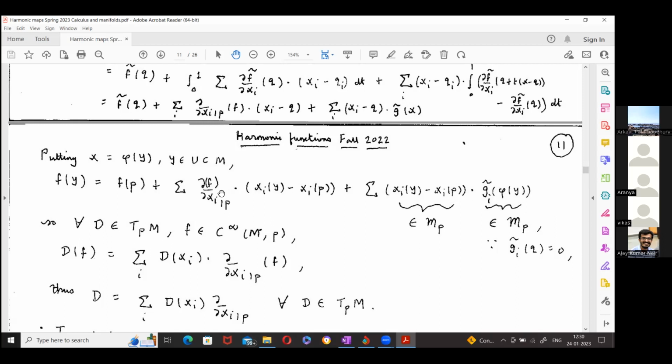So this becomes d acting on these functions, and xi of p is a constant, so it'll just be d acting on xi. What you'll get finally is that d acting on f is the sum over i of d acting on xi times ∂/∂xi at p acting on f. Is this clear?